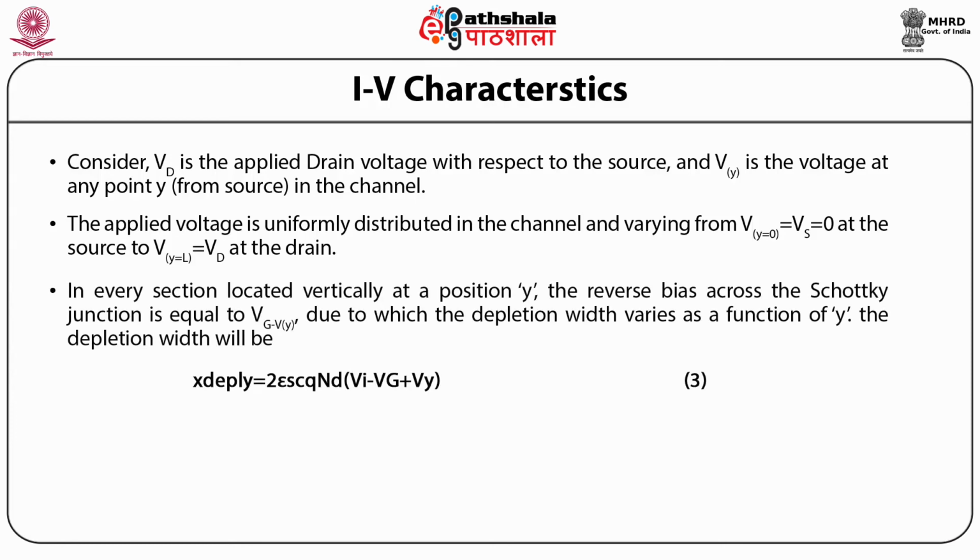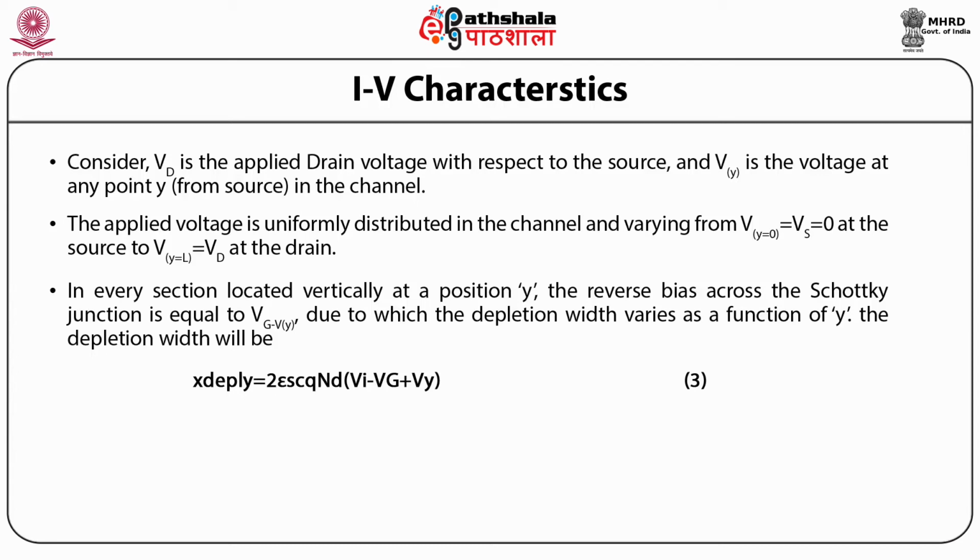So in every section located vertically at a position Y, the reverse bias across the Schottky junction is equal to Vg minus Vy, due to which the depletion width varies as a function of Y.